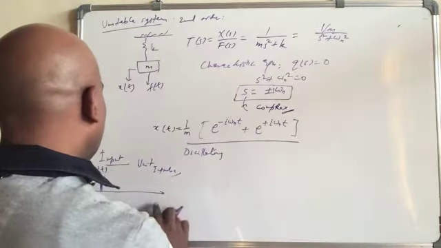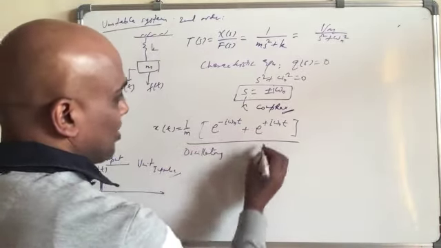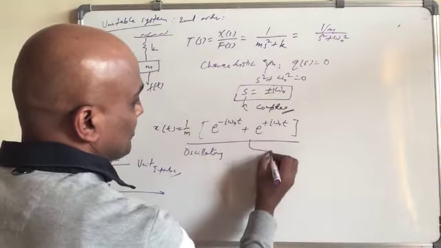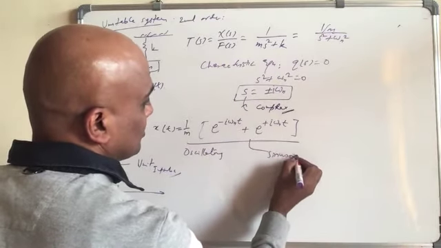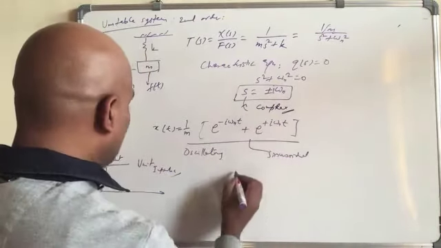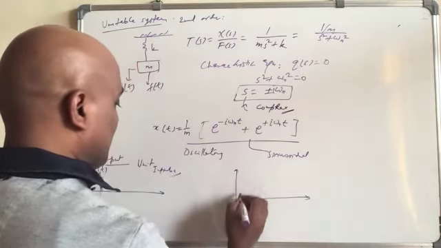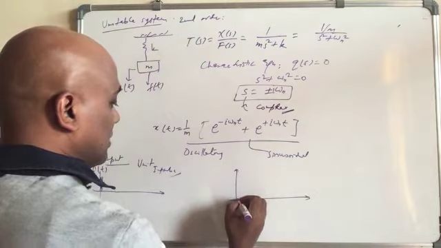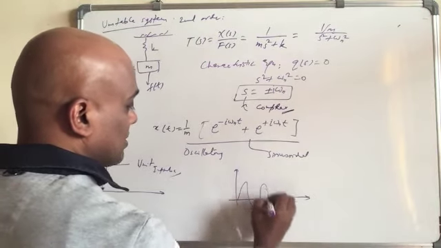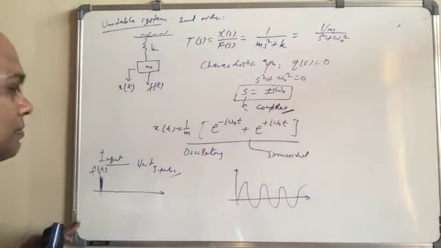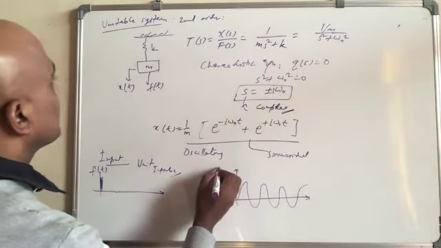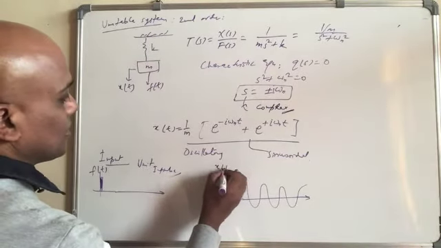And the output you got is like this one, oscillatory. This is sinusoidal. And the output, what you get, will be something like this. This is x(t).